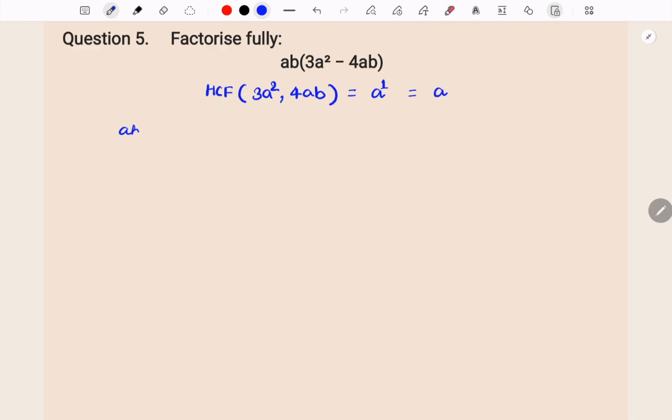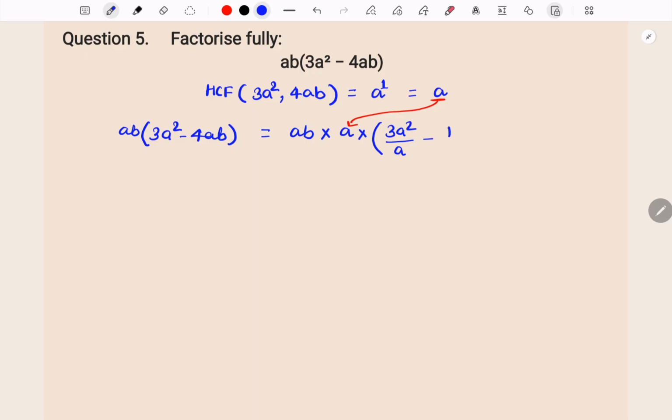Now let's try to factorize the given expression. For that, we need to factor out the HCF. So here we have ab, and let me factor out a. Okay, so this a is the HCF that I am factoring out. Now, if I am factoring out a, then I should also divide each term with a.